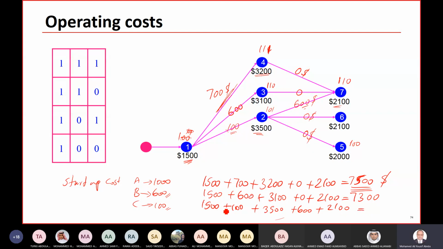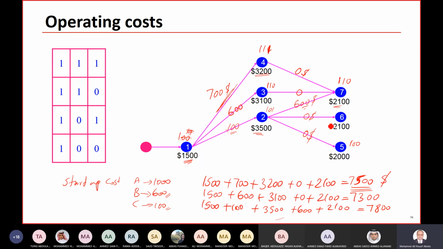So how much is this one? This is 7,800. So this is the cost of this path, of this solution.